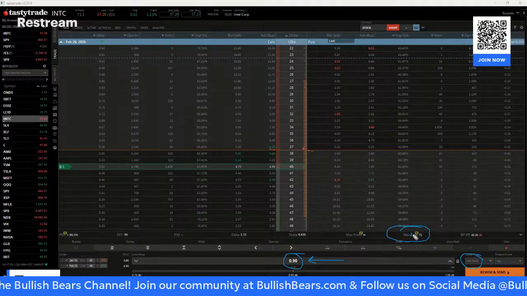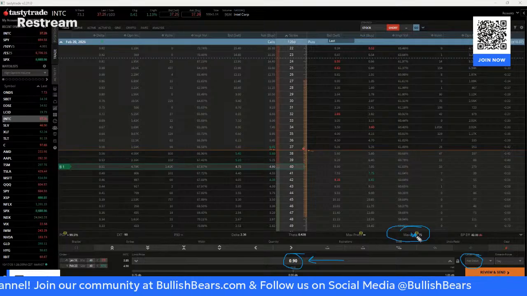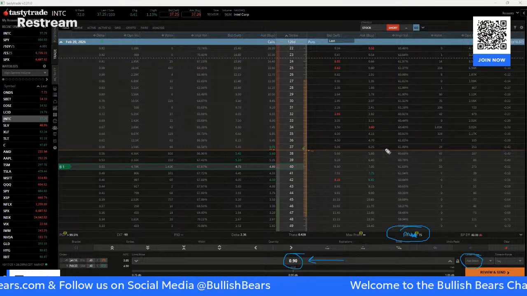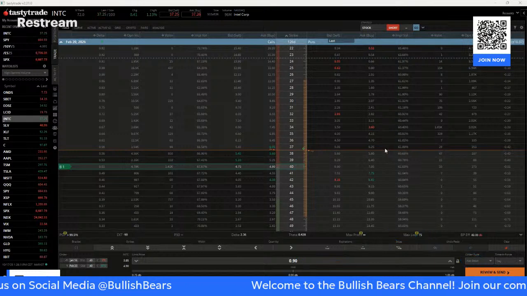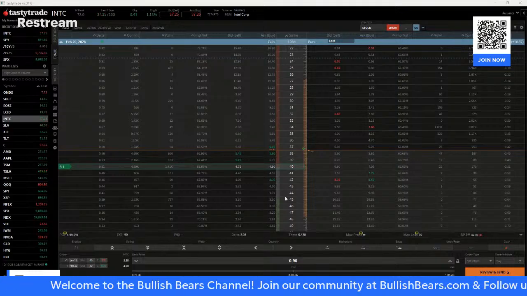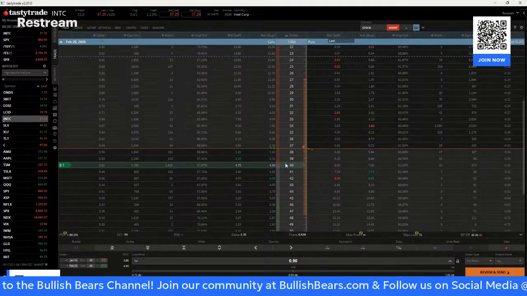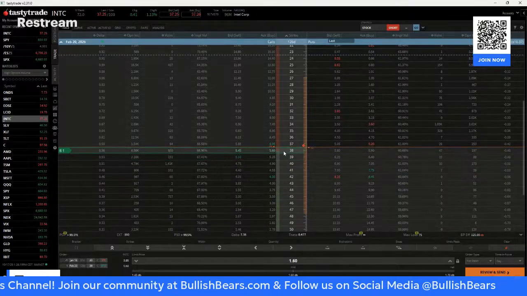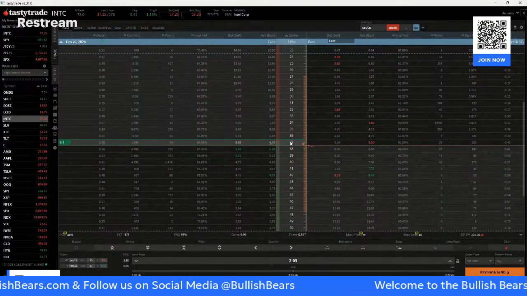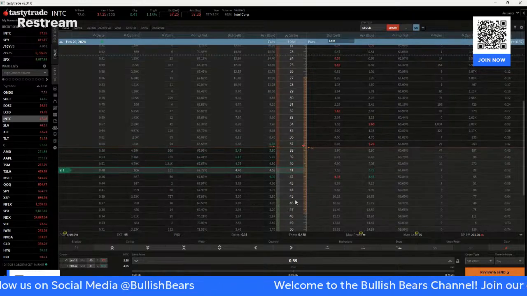So even though it has the word loss in there, its minimum profit would now be $75. I don't want to roll this for a debit. I don't want to spend money to roll anything. So if we adjust things higher or lower, we'll see they want more debit as I go deeper in the money. So let's go the other way.